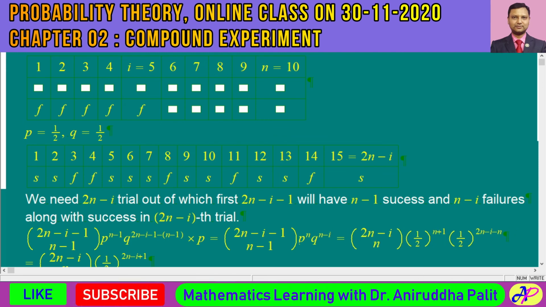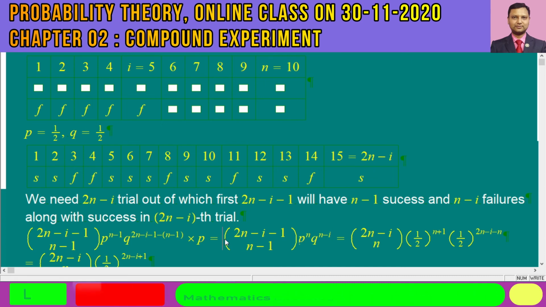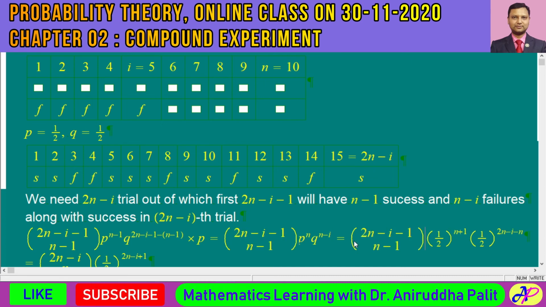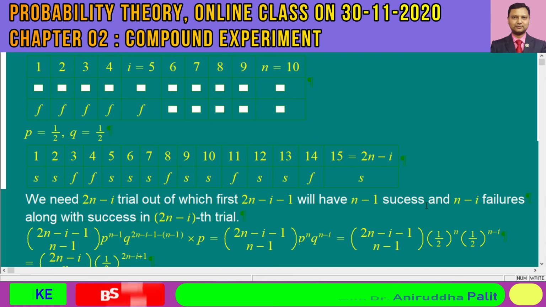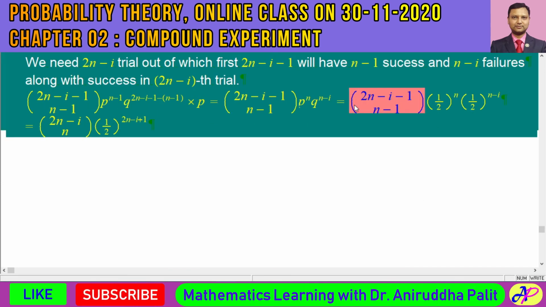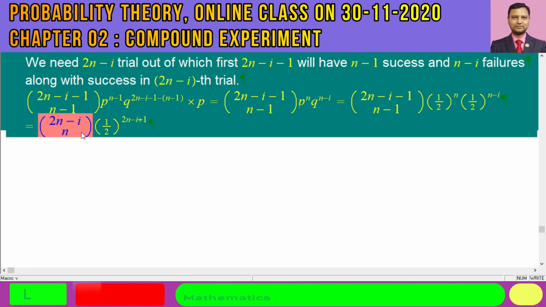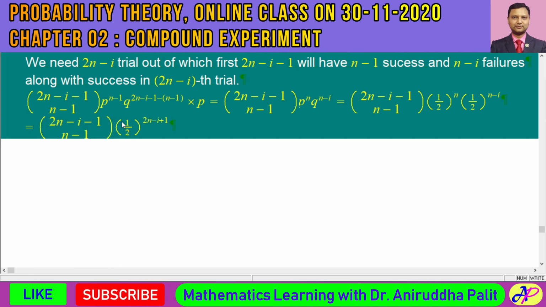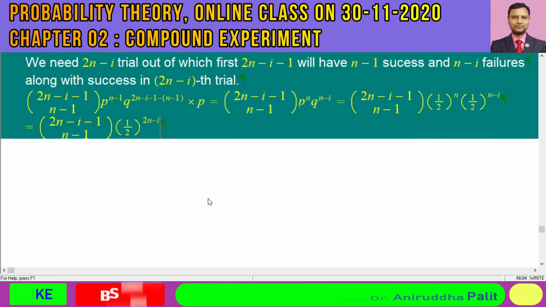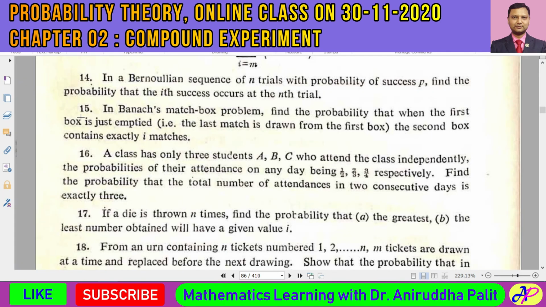Therefore this value should be p to the power of n, and here n minus i would be there. So altogether this value should be equal to this kind of result, and half to the power of twice n minus i would be there. So this is the final result in this kind of problem.